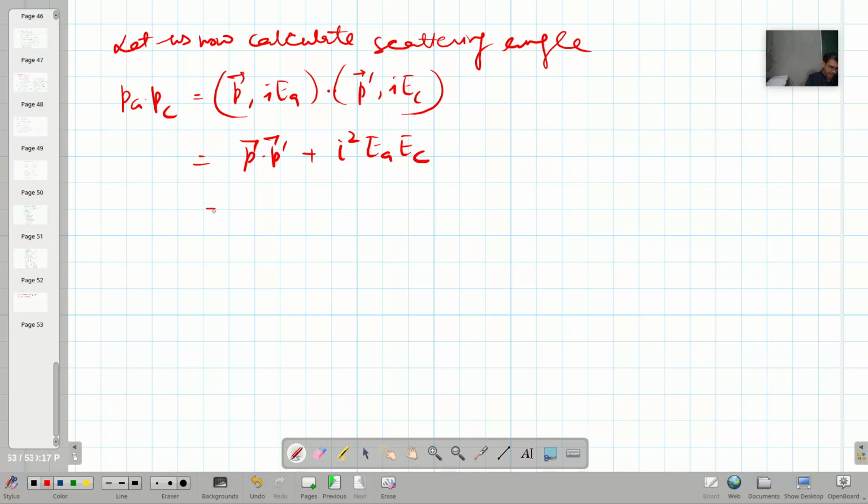So it is P P prime cos of theta minus EA EC.